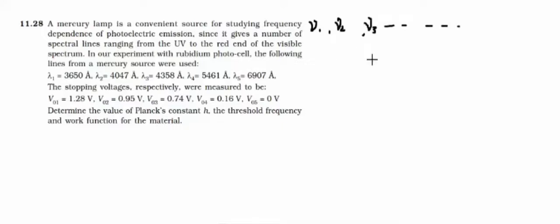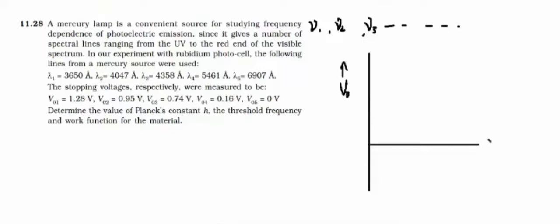Then you can draw the graph between stopping potential and frequency. Here stopping potential we can take on the y-axis, and here frequency on the x-axis. Then you draw the graph, and the graph is a straight line.